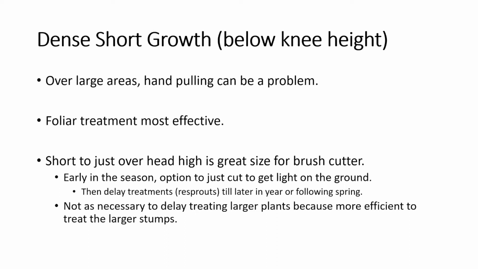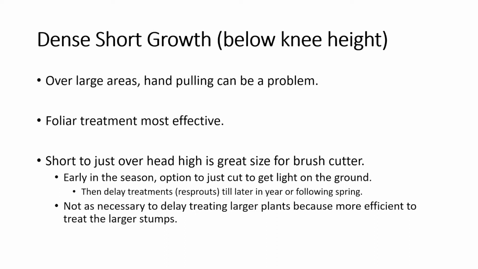And this is more something that if you're treating in the springtime, like mid to late spring or early in the summer, you're just wanting to get light on the ground, because what these invasives do predominantly is cast too much shade, and that's predominantly what suppresses our native species, our native plants.